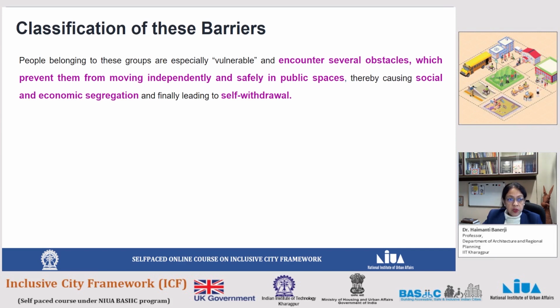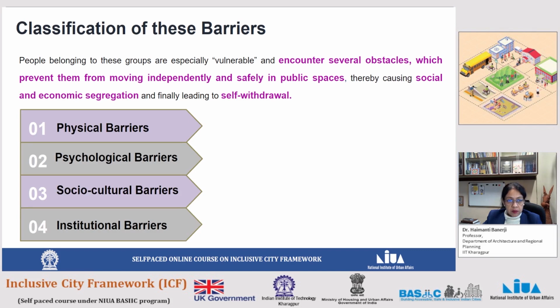Some of the barriers which exist in urban places or systems and services can be easily seen, and some cannot be. Broadly, the barriers can be divided into 4 categories. There are physical barriers, which are structural, easily visible, and tangible, seen in the outdoor environment and transportation system.